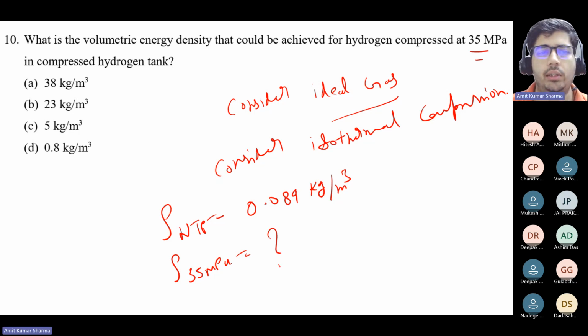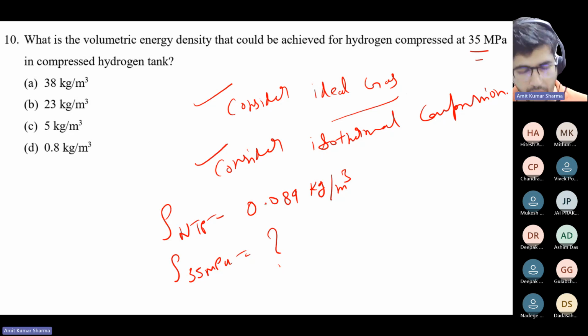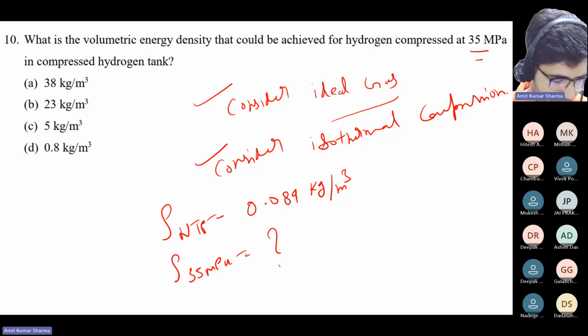These are the conditions: ideal gas, compression is isothermal. Just try to follow the ideal gas equation. I think you will have the answer.